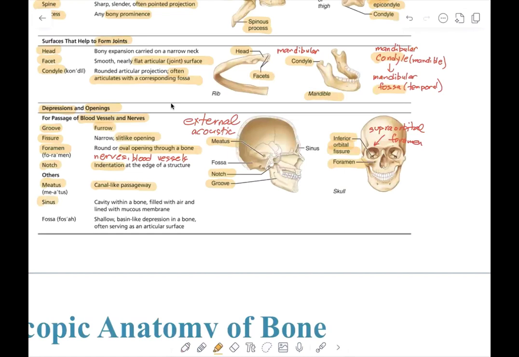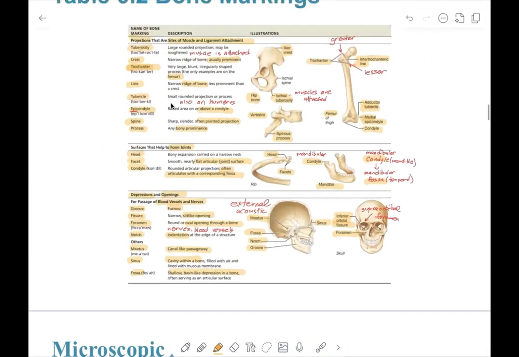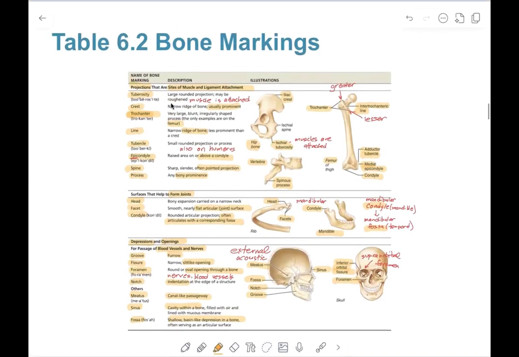A sinus is a cavity within a bone. So we obviously know where our sinuses are. This is called the frontal sinus. There's also maxillary, ethmoid, and sphenoid sinus. And then there's those fossas, which I mentioned. The condyles can fit into the fossas. This is one example of a fossa, but there'll be others that you'll also need to know.